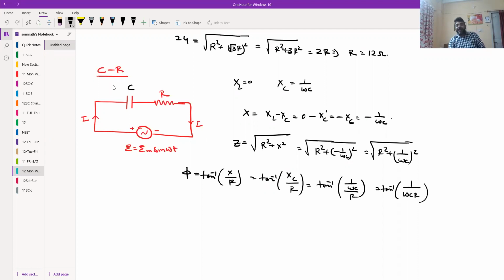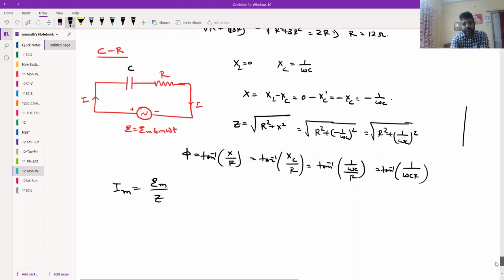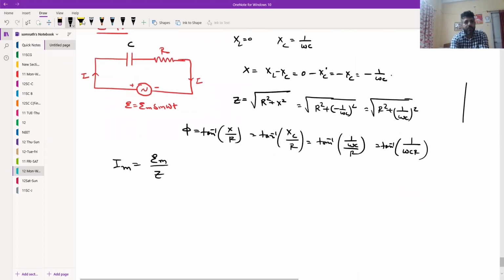So from that you get the angle. What about the IM? Same process, you already have EM, you can find Z. Once you find both of them, you can easily calculate this value.